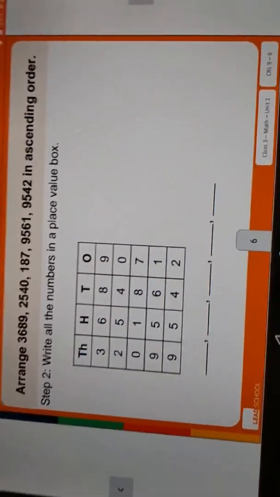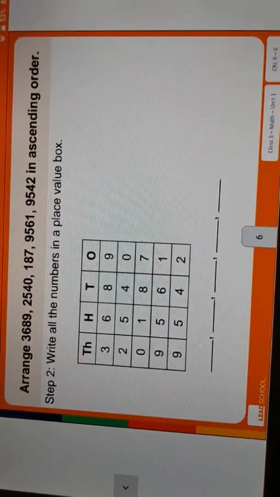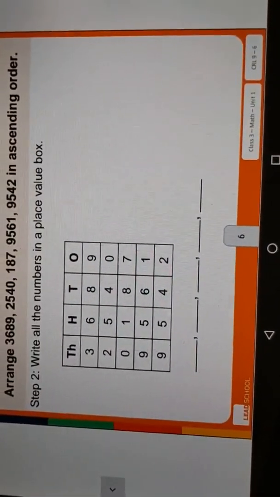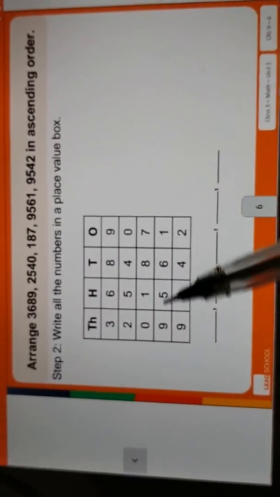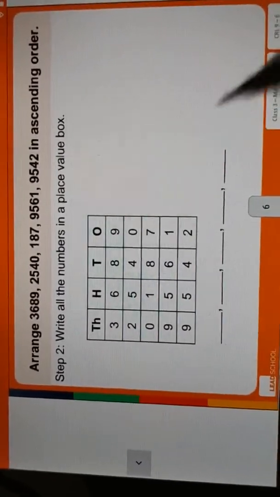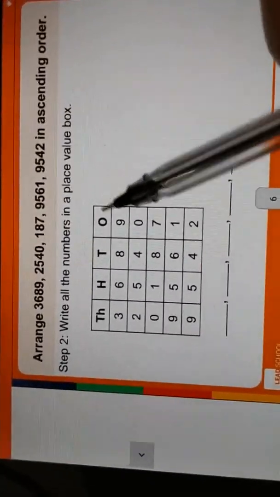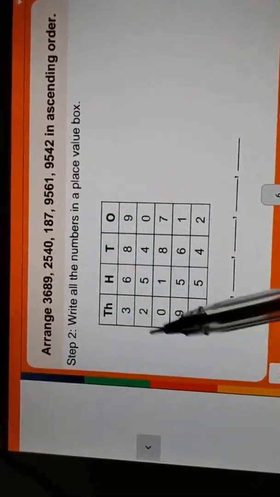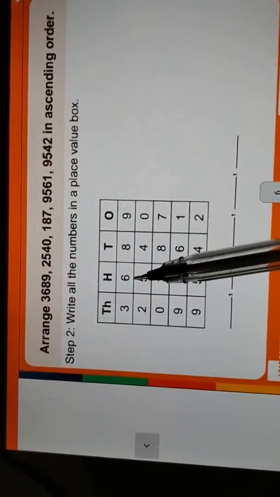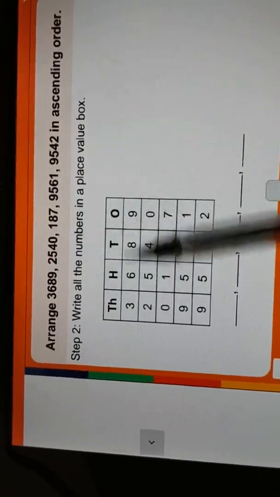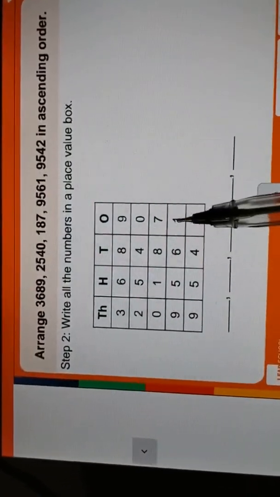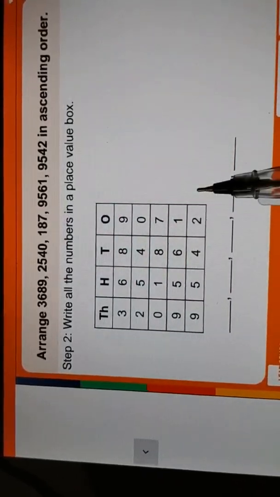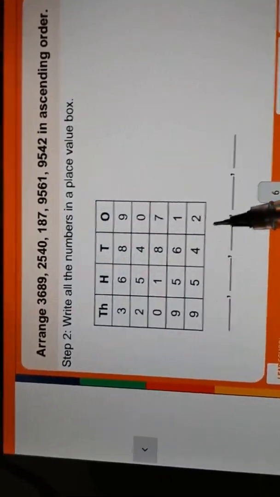And then we have to draw the place value box, and write all the numbers in their particular place values. So we have to write 3689, 2540, 187, 9561, 9542.